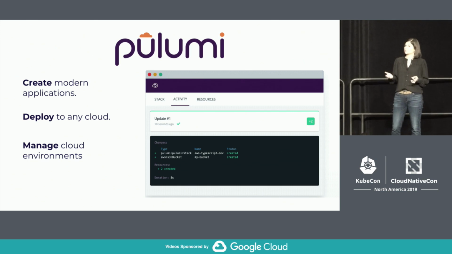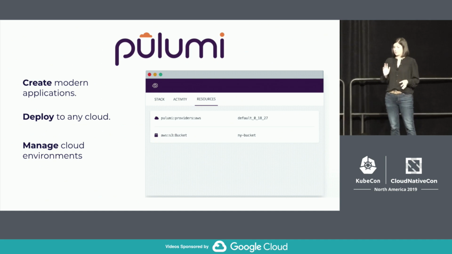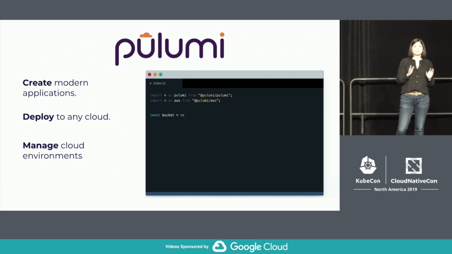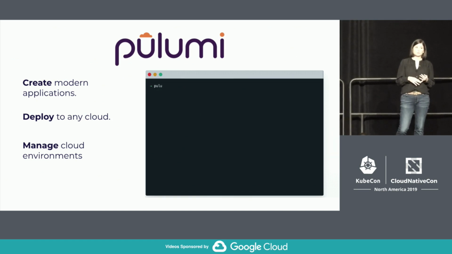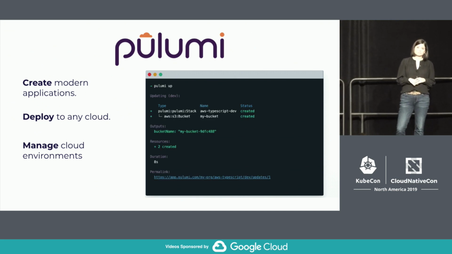We currently support TypeScript, Python, the .NET languages, and experimentally some other languages as well. You declare the infrastructure that you want, and then the Pulumi CLI figures out how to get there. Today, we'll be using Pulumi to provision both our Kubernetes and GCP resources, which will make it super easy for us to spin up our ephemeral environments.